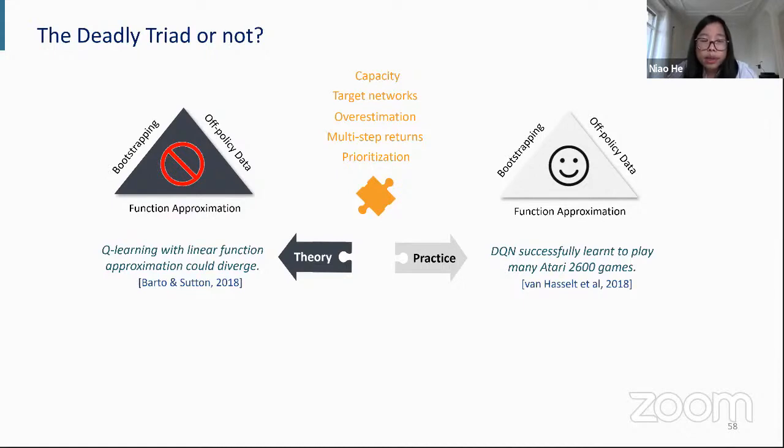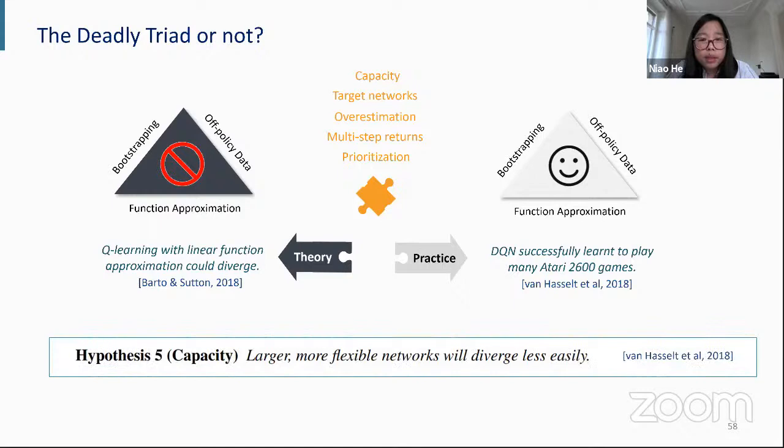So there are a number of hypotheses here, and they ran many experiments to see which one actually is helpful. And it turns out all of those are somehow helpful. If you use target networks versus without target networks, you get much better performance. But they were only able to justify it numerically, and it still remains largely open, theoretically speaking, which one of them is the main reason that eases the divergence.